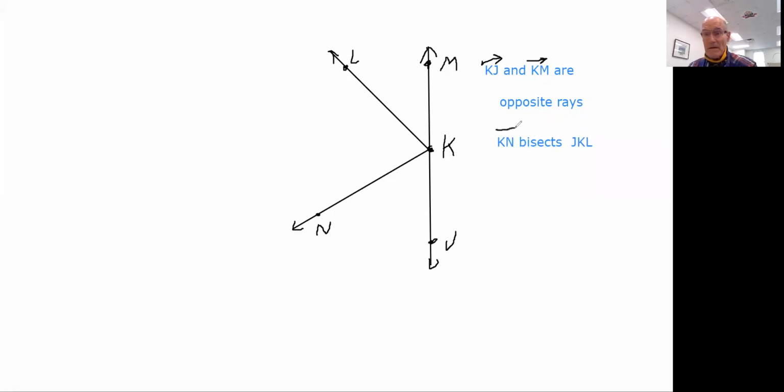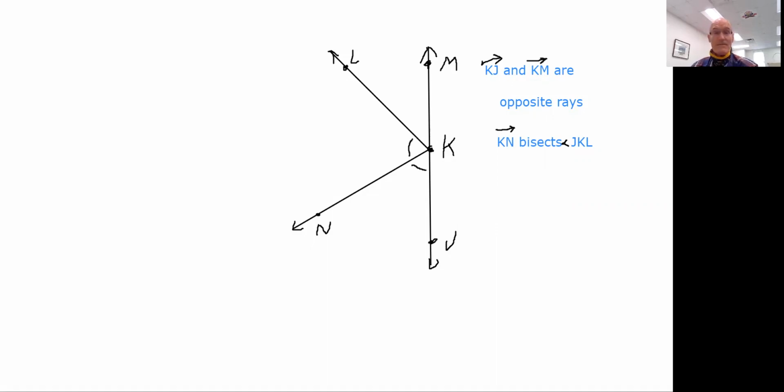So KN bisects angle JKL. Now what that means is that JKN and NKL are congruent because bisecting splits it into two equal parts, okay?